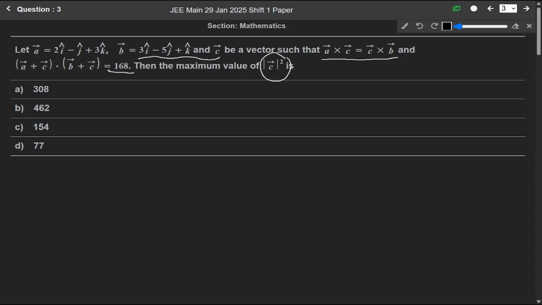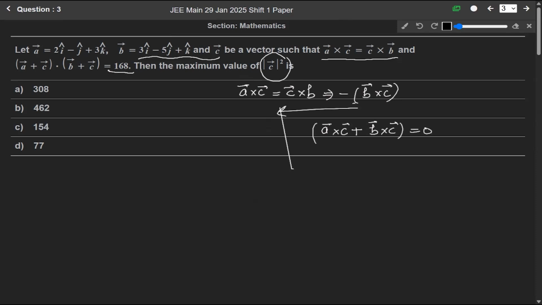First of all, we are given A cross C equals C cross B. When we solve this, it means A cross C equals minus of B cross C. We can write this as A cross C plus B cross C equals 0.